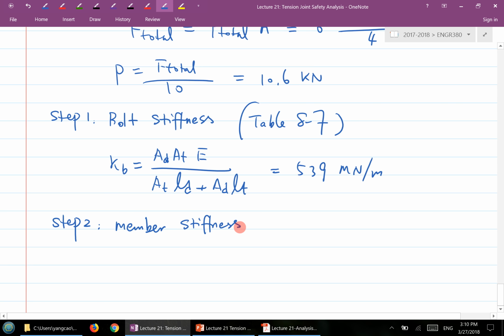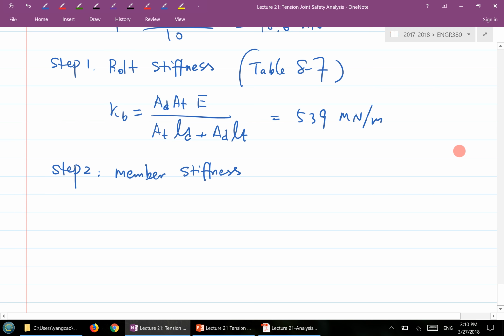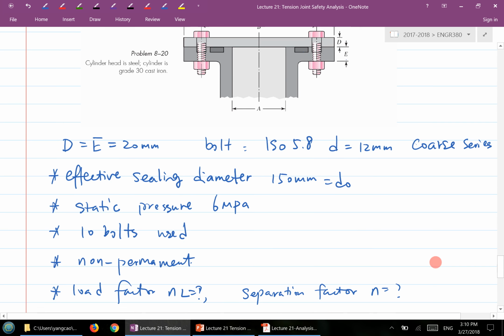For the member stiffness, the typical process is you sketch all the members clamped between the bolt and the nut. In this particular case, how many members? There are only 2 members here. There's no washer, so you don't have to worry about it.